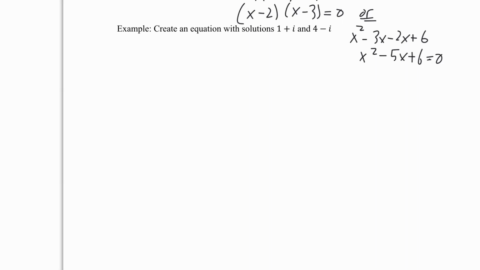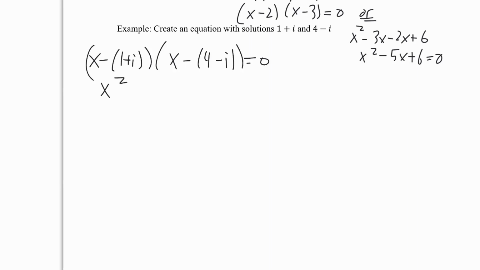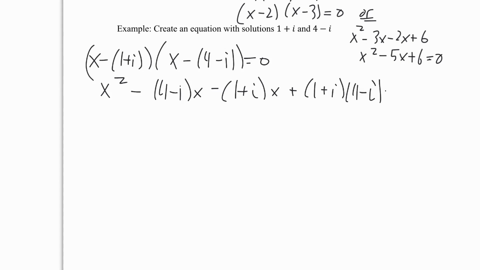So with that in mind, let's do the same method over here for the complex. So x minus 1 plus i and x minus 4 minus i. Alright, well, let's be careful when we expand this. So first, and then outside, minus 4 minus i x minus 1 plus i x plus 1 plus i, 4 minus i equal to 0.